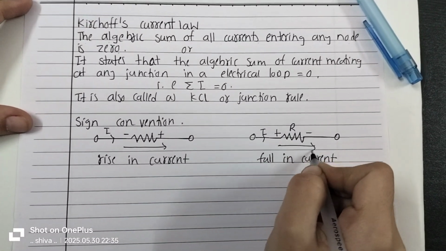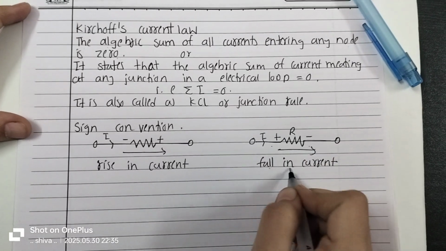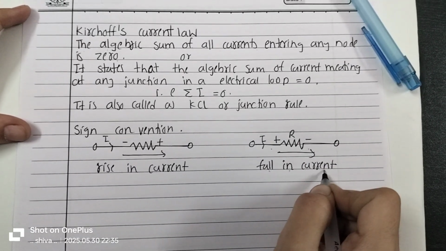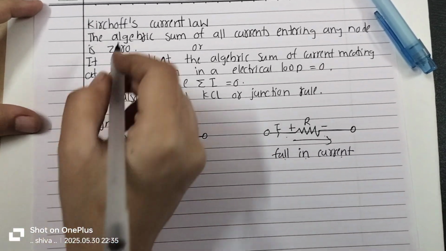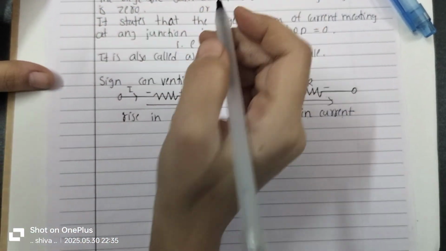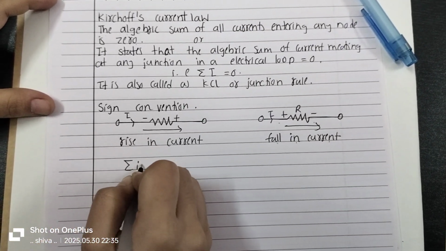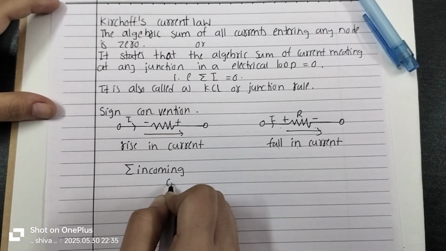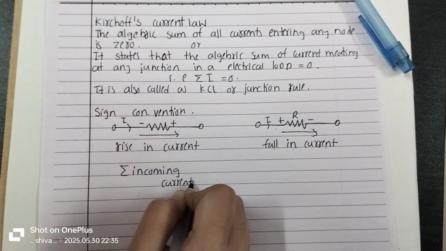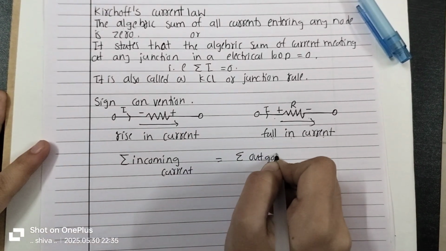When the current flows from positive terminal to negative terminal, there is a fall in current. According to Kirchhoff's current law, the summation of incoming current is equal to the summation of outgoing current.